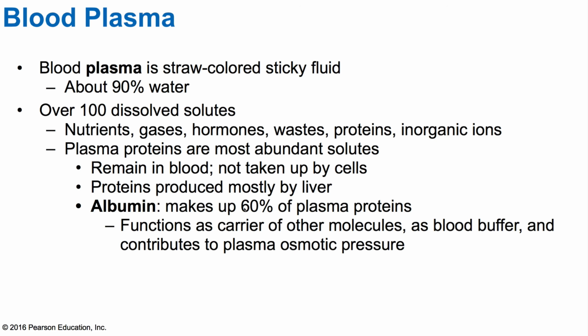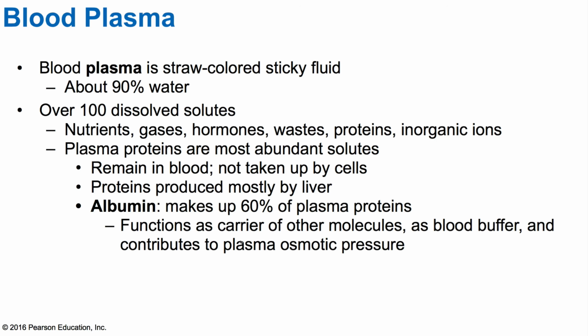And the most abundant of these plasma proteins is albumin. Albumin makes up about 60% of plasma proteins. Its main job is to keep the plasma within the blood vessels. So when we talked about the regulation of blood and we said that we have plasma proteins that help keep the blood inside, that regulates blood loss, this is that protein, albumin.